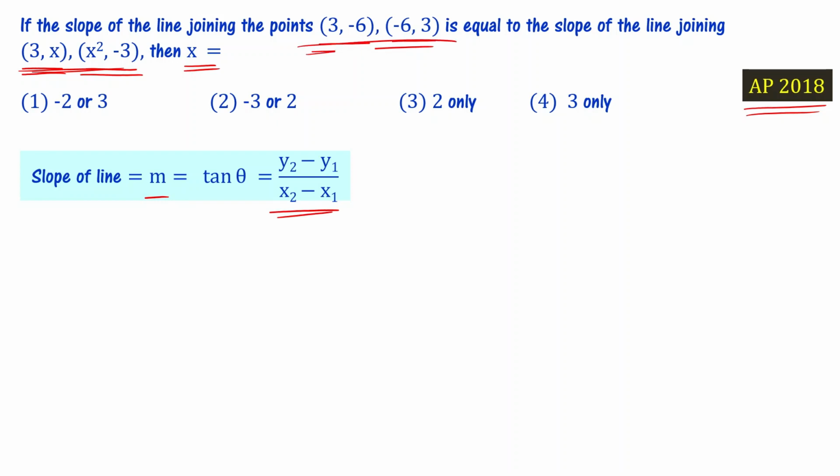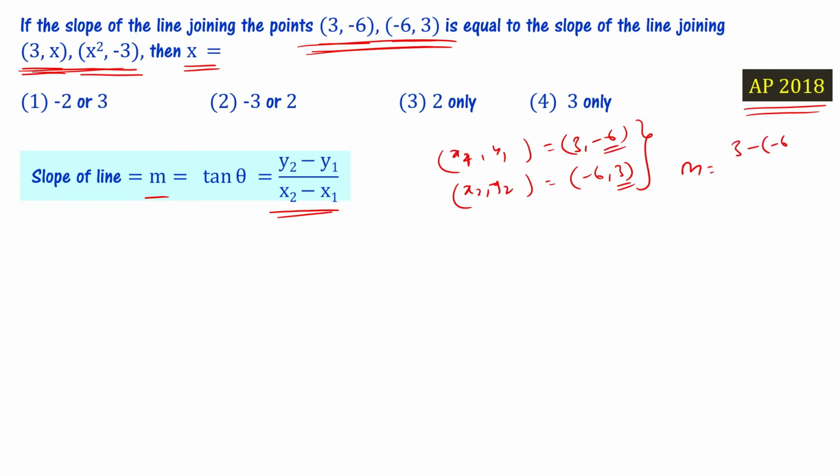So first take this pair: (x1, y1) equal to (3, minus 6) and (x2, y2) equal to (minus 6, 3). For these two, the slope comes as m equal to y2 minus y1, that is 3 minus minus 6, divided by x2, that is minus 6, minus x1, that is 3. This can be written as (3 plus 6) divided by minus 9. This is plus 9 divided by minus 9, that is equal to minus 1.